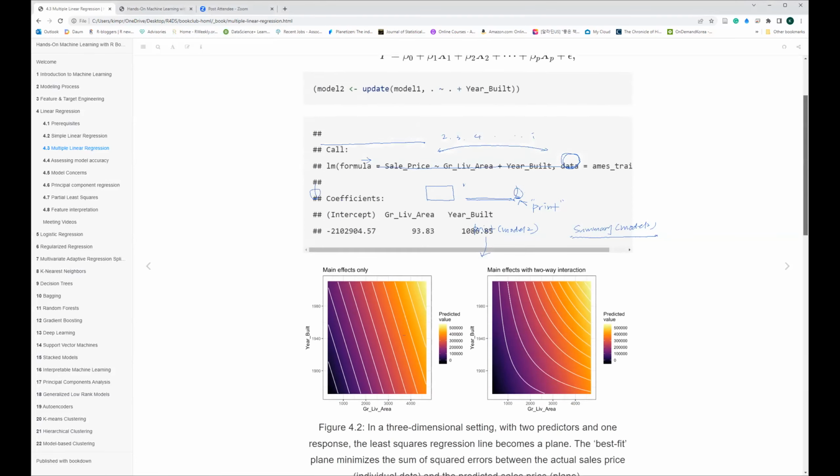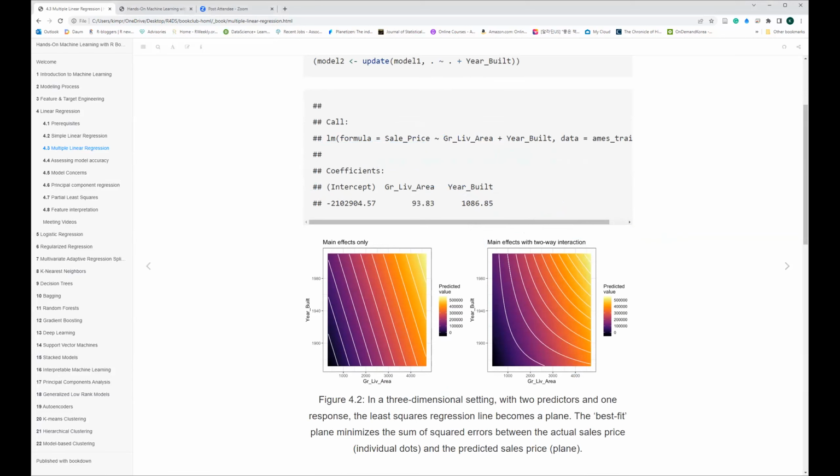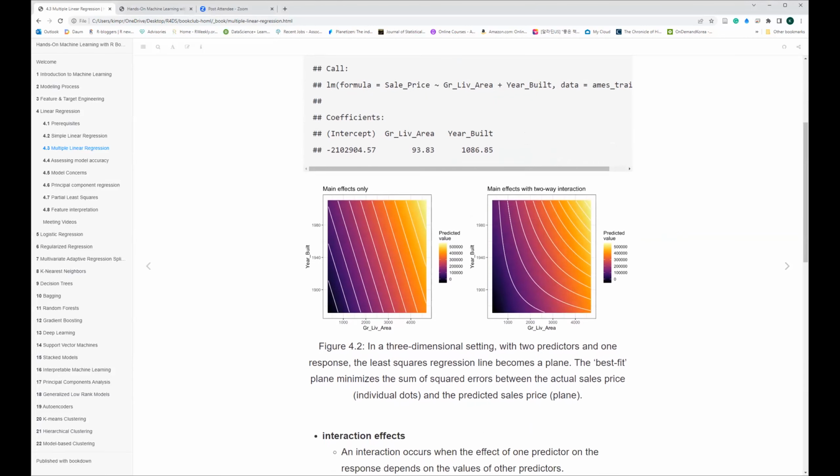And then when we look at the plot at the bottom, this is showing the relationship between the year built, the ground living area, and the predicted value of the sales prices. So that means if we have a very small living area and the year built is quite old, our predicted sales price is going to be very, very low.